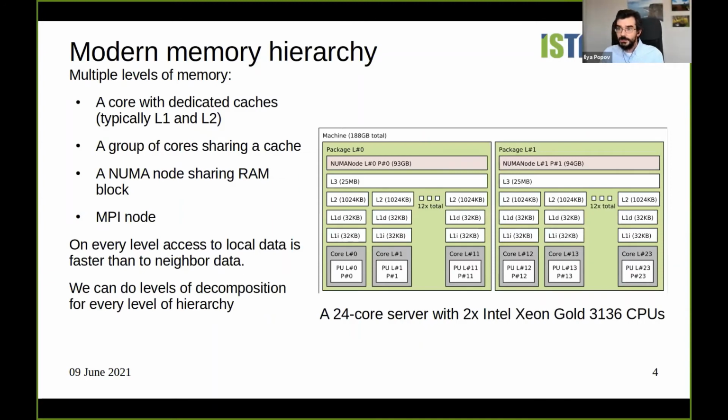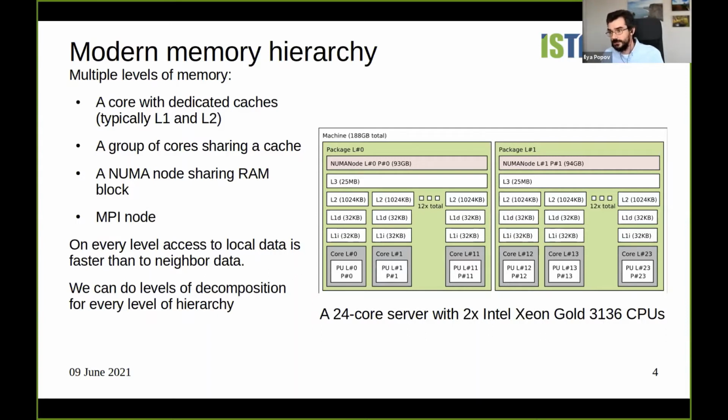Modern memory hierarchy is multi-layer. And this is kind of different from what it was 20, 30 years ago when OpenFOAM was created. So nowadays, a server which we use for simulations uses a number of cores.